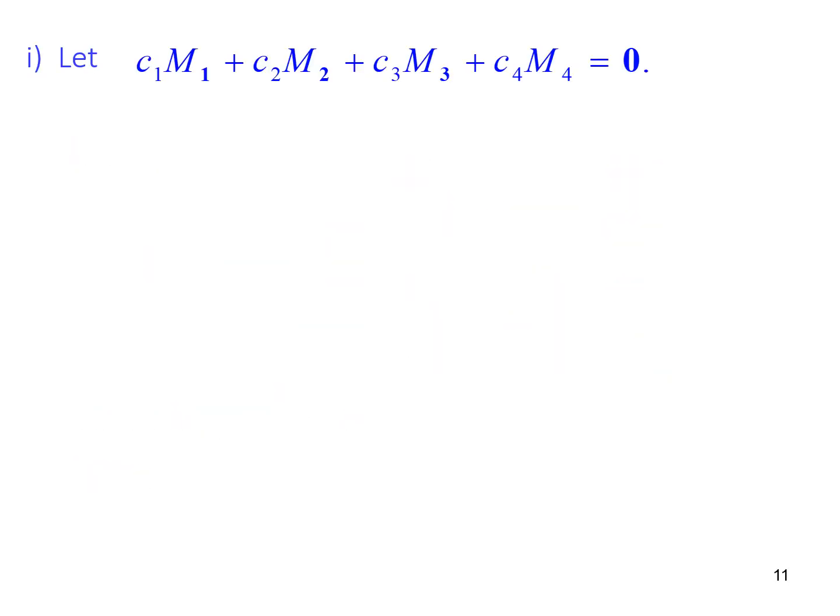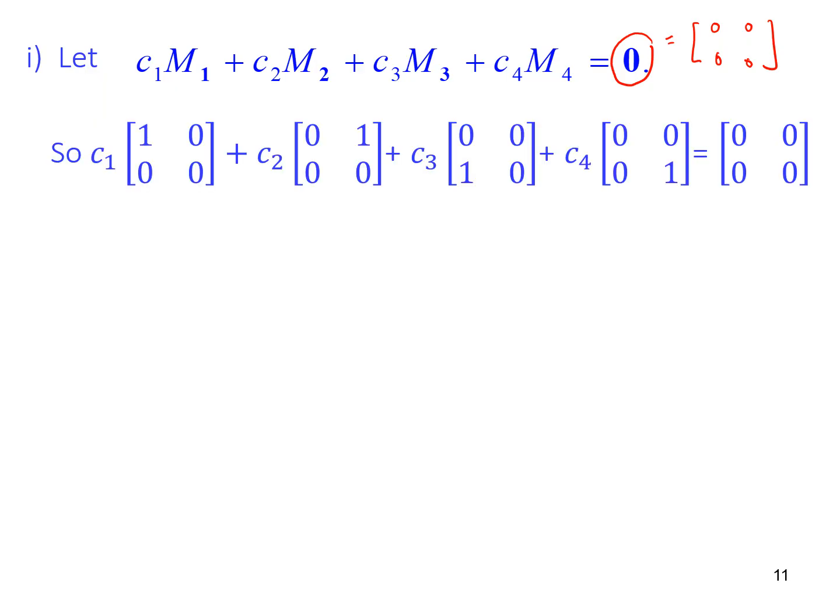First of all, we need to check that the matrices M1, M2, M3, and M4 are linearly independent. To do that, we start by writing up this equation. Remember that the right hand side term is the zero vector for the matrices, which is a matrix of size 2 times 2 where all entries are zeros. So now we substitute the matrices M1, M2, M3, and M4 and the zero vector as follows.